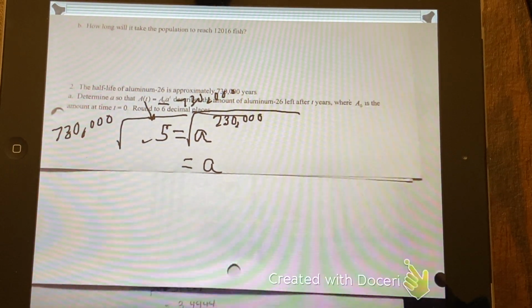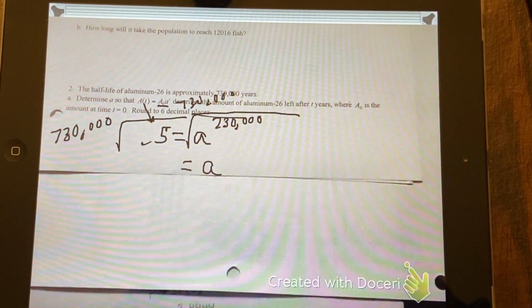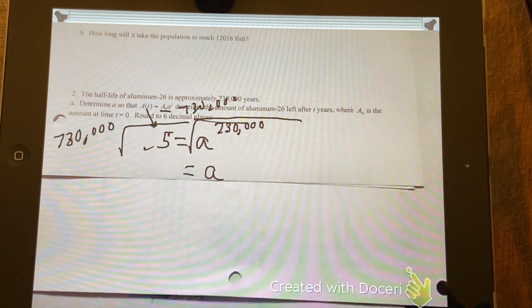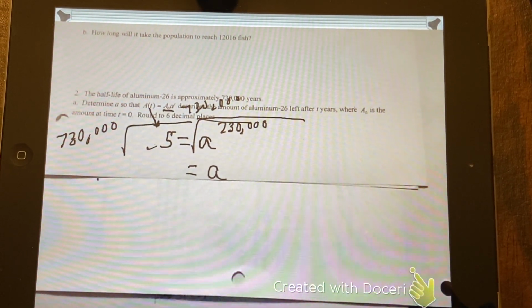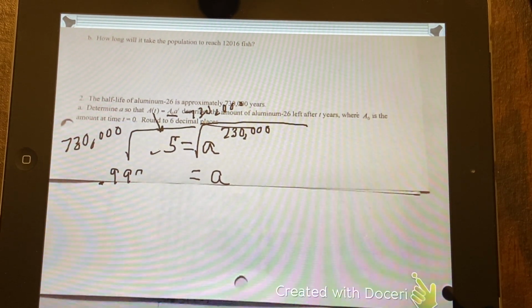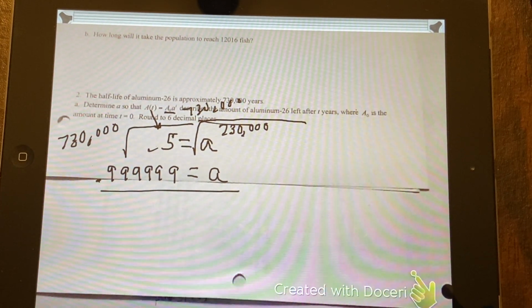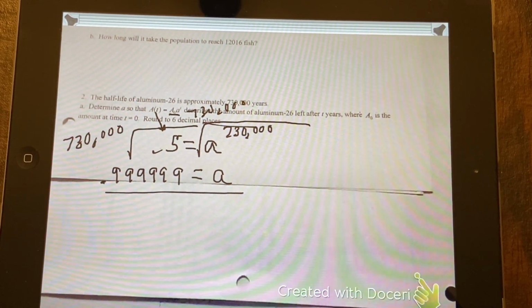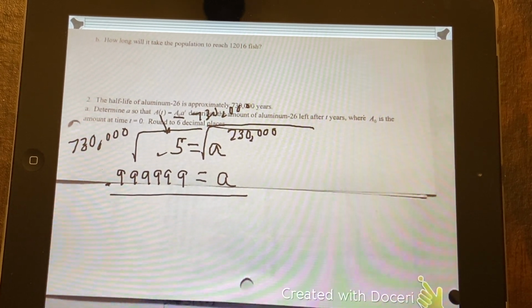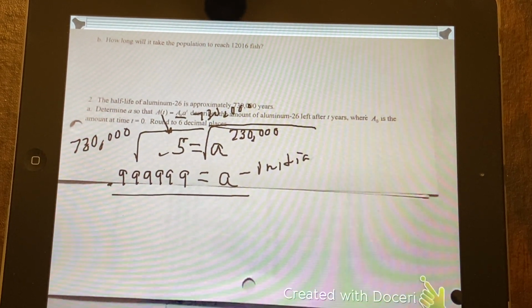A naught is the initial amount. When I stick this into the calculator, the 730,000th root of 0.5, I get 0.99999. They want to know, first of all, what's A? What's the initial amount? And so that's step one of this first question.